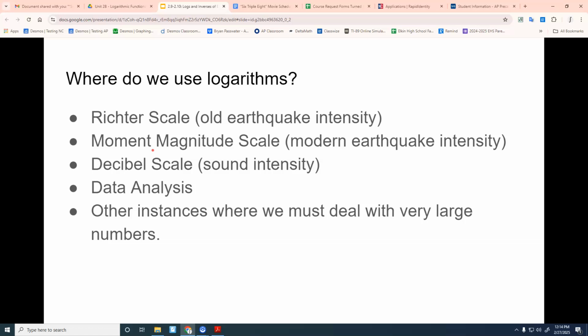Right? So a 5 would be 10 times worse than the 4. So then if you have a 6, that would be 10 times worse than the 5. How many times worse is a 6 than the 4? It'd be 100, because you're multiplying by 10 twice.